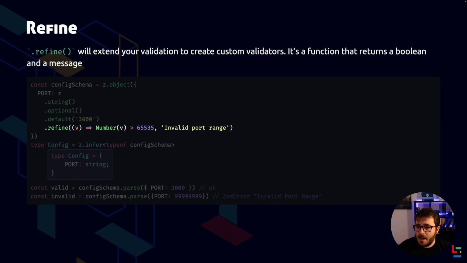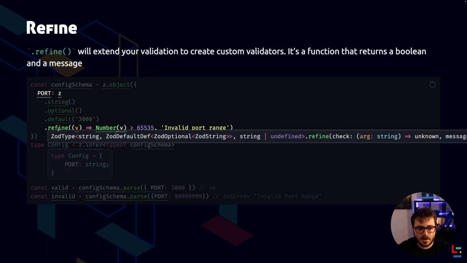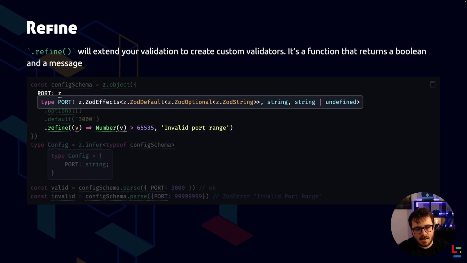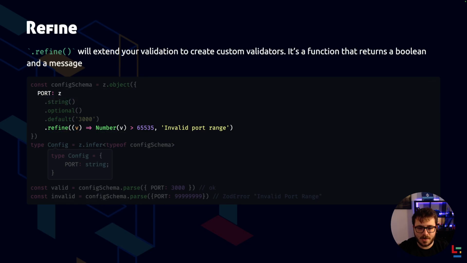We cannot use it. And notice that we are also transforming this into a number. We are basically refining and transforming into a number, but the refine is not going to give you the transformation. So, it's defined on the Z port, right? When you have this logic, we are refining this property here, not the whole object, just this property.